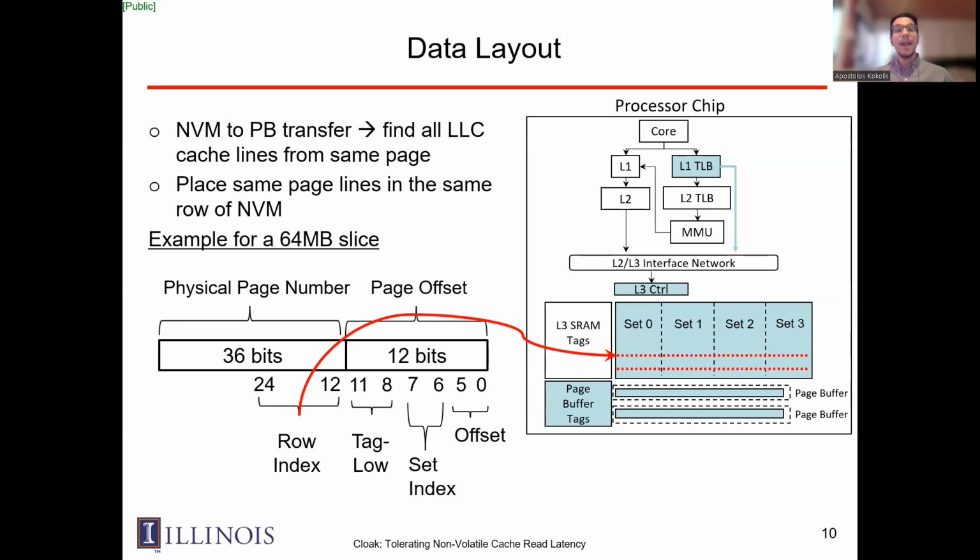This means that every cast line of this page will map to exactly one row in the LLC. And then the rest of the bits, 25 to 47, are going to be used for tag, and we call them the tag high. With this layout, we force every cast line of a page to be in one single row of the LLC. And this reduces our search space when we're trying to figure out what's the popularity of cast lines for a given page in the LLC.